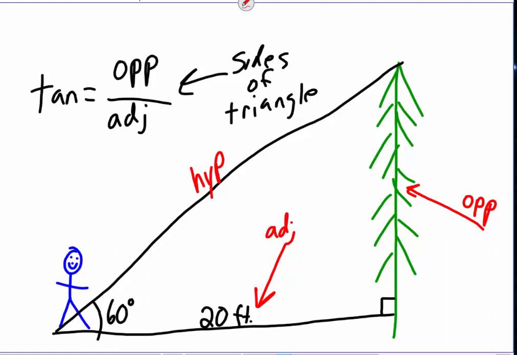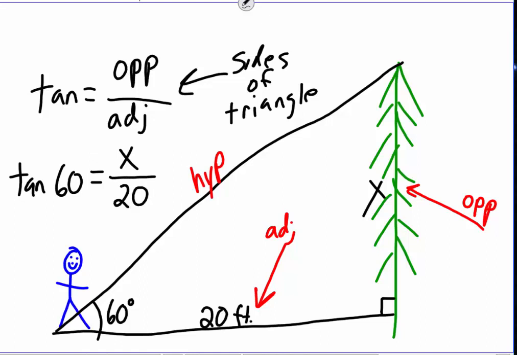So, since tangent is equal to opposite over adjacent, we can say that tangent is equal to, okay, we put a big fat X in there for the tree, and we go tangent, and then we write in the angle, 60 degrees equals opposite over the adjacent, 20.